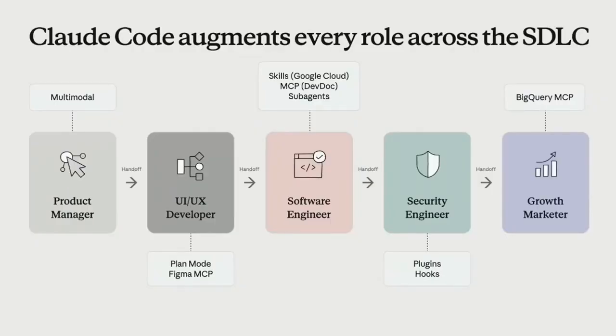As I said, for the remaining part of this presentation, I'm going to put on the hat of all these personas. I'm going to show you how you can use these Claude Code components together with Claude on Google Cloud in order to build and ship a very simple feedback application that at the end of the presentation we are going to use to rate my performance here.